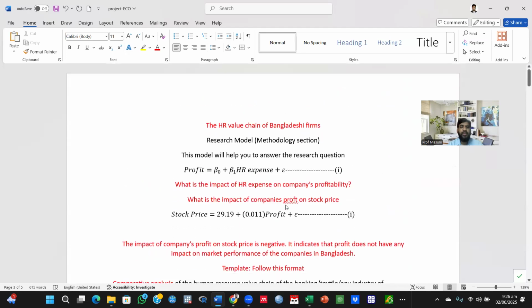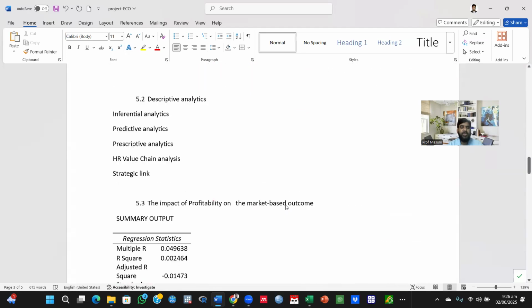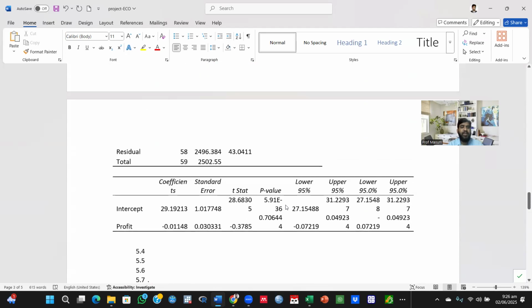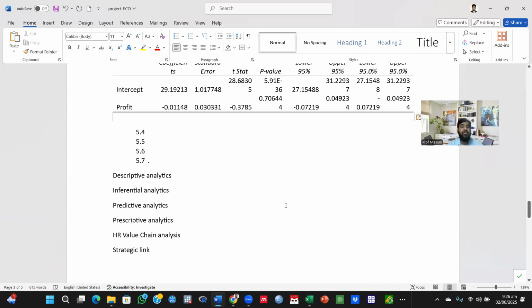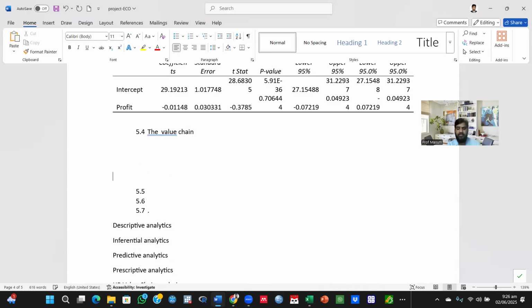But it seems to me that the data set is not good. And then finally you will explain the value chain. All right. What's the value chain?